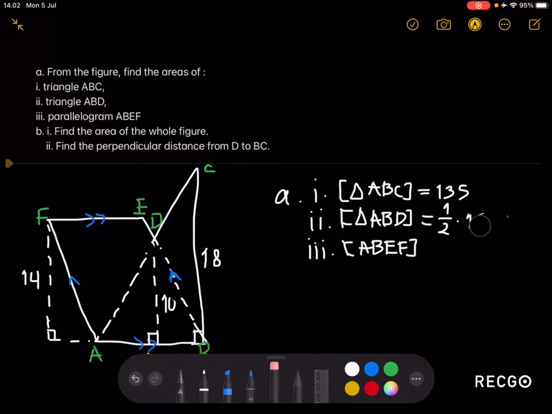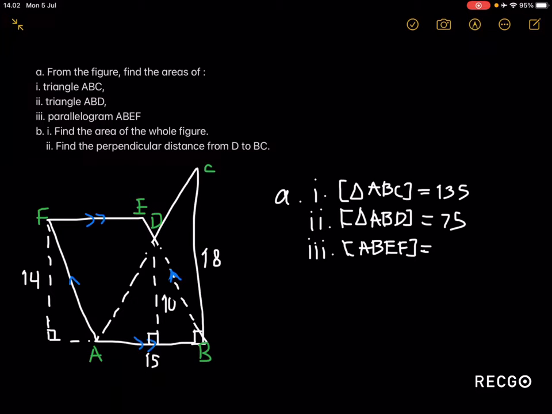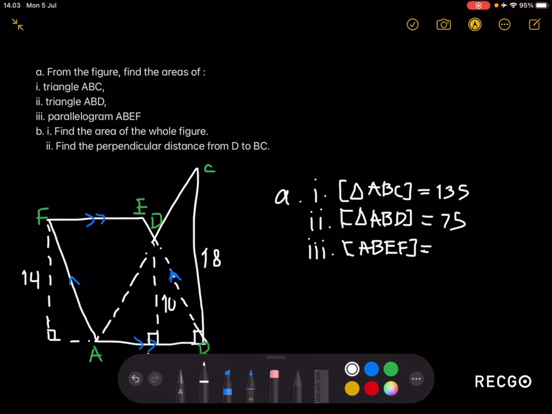That will be 75. And finally for the parallelogram ABEF, it's just the base of the parallelogram times its height, which will be 15 times 14. That will be 210.